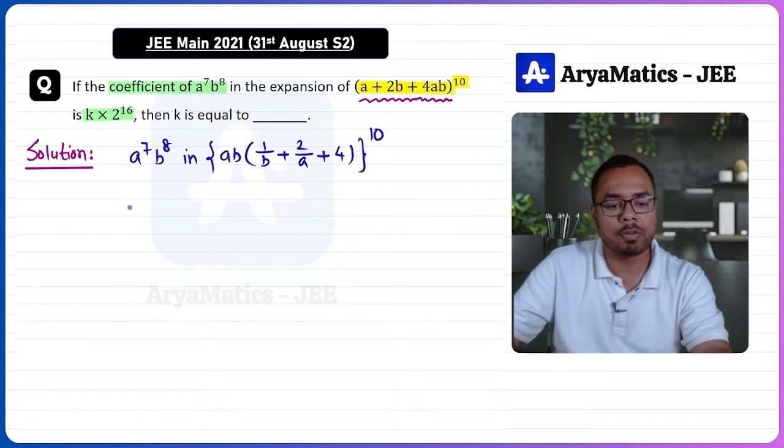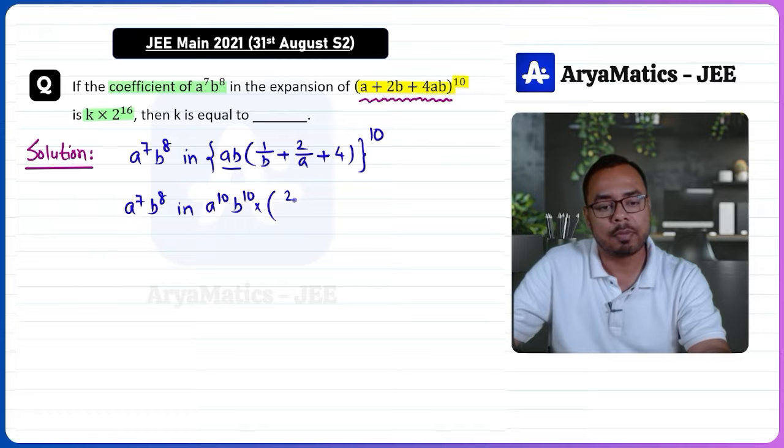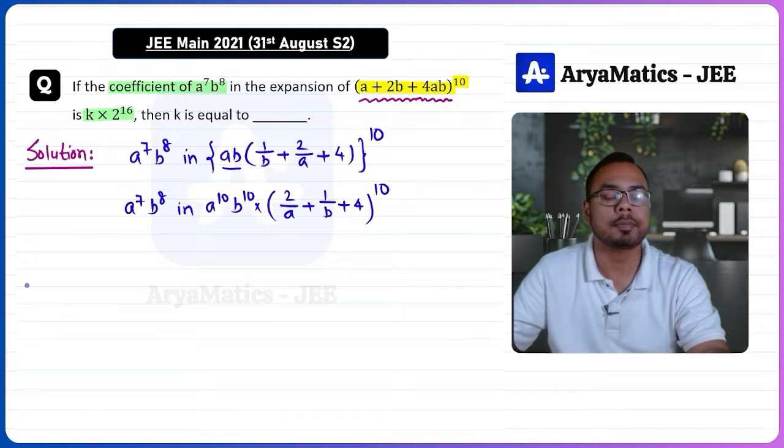So that means we need the coefficient of a raised to 7, b raised to 8 in a raised to 10, b raised to 10, multiplied by 2 by a plus 1 by b plus 4, this raised to 10.